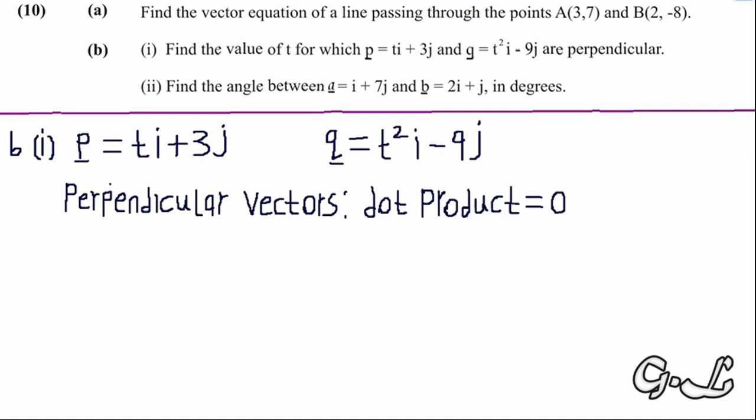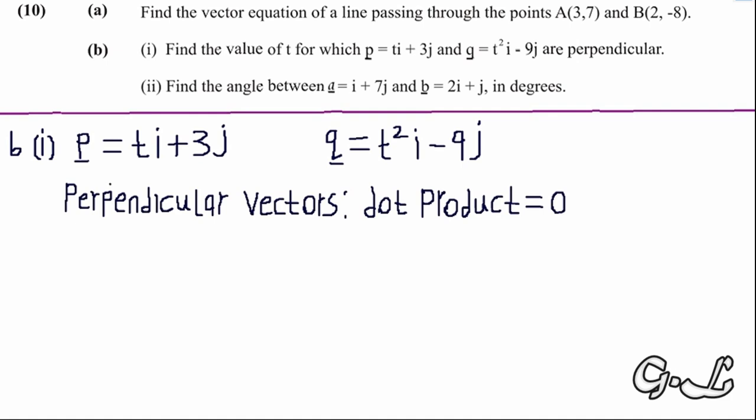So we're going to say (ti plus 3j) dot (t squared i minus 9j) is simply equal to 0. So that is the way it is. According to this video tutorial, we're going to use the column vector way.